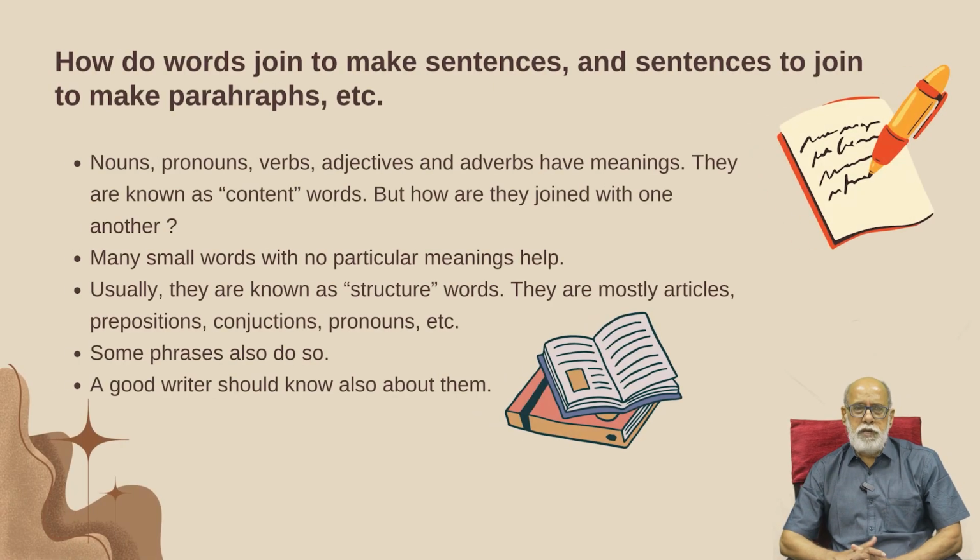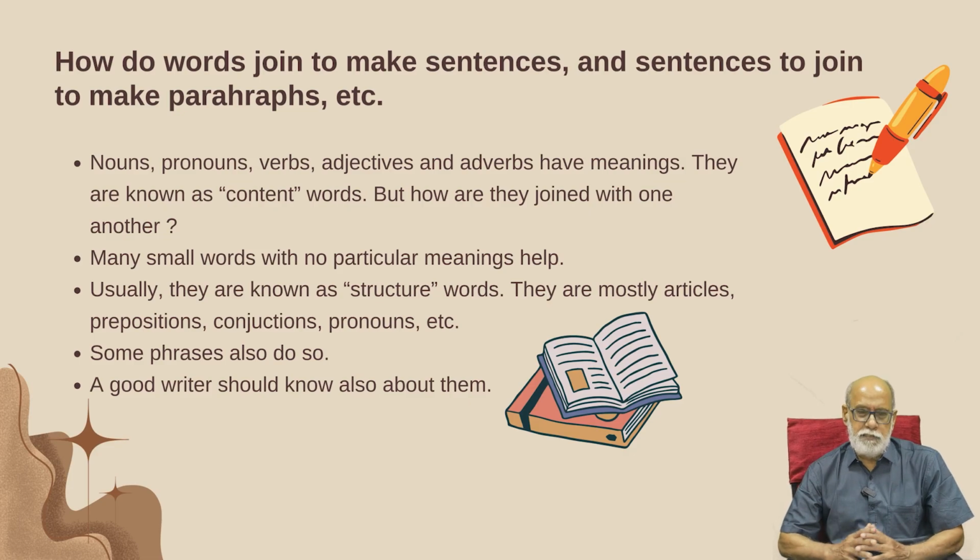How do words join to make sentences, and sentences join to make paragraphs? We all know that there are different kinds of words in any language, just as they are in English. In English, we know these words are nouns, pronouns, verbs, adjectives, adverbs. Then there are conjunctions, interjections, there are articles, there are prepositions, all of these things.